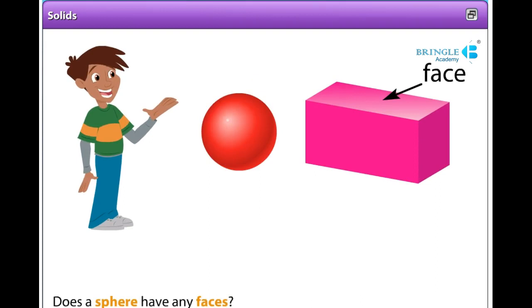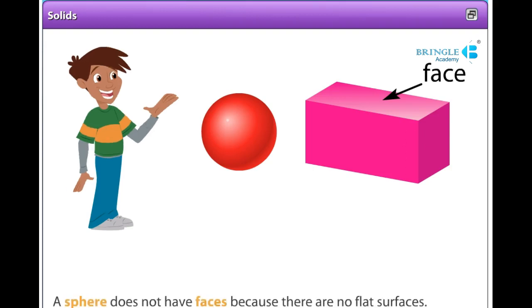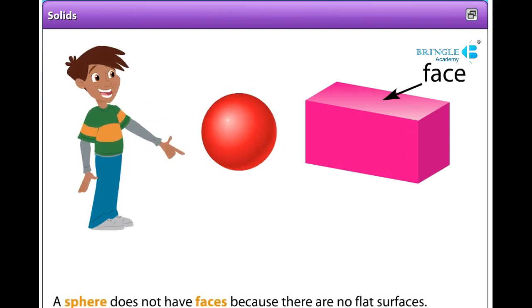Does a sphere have any faces? A sphere does not have faces because there are no flat surfaces.